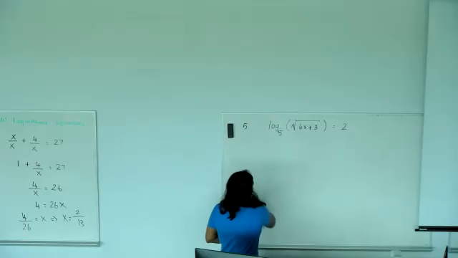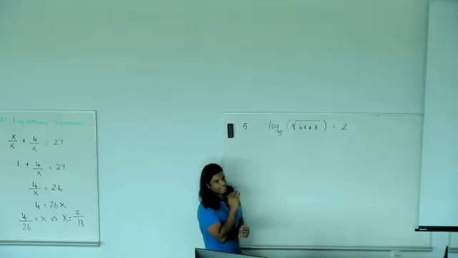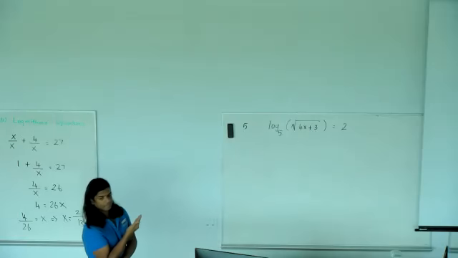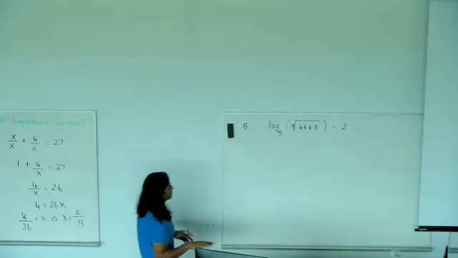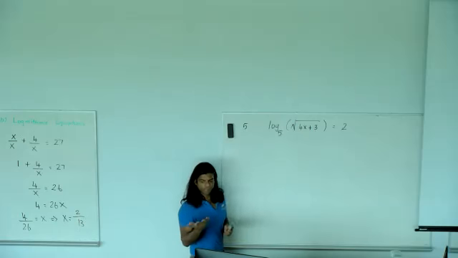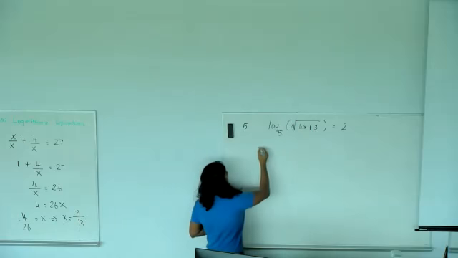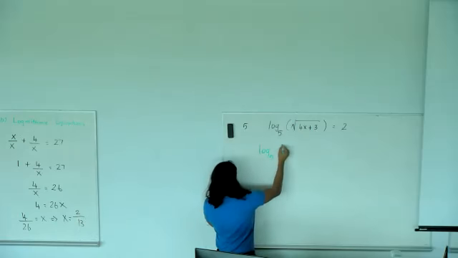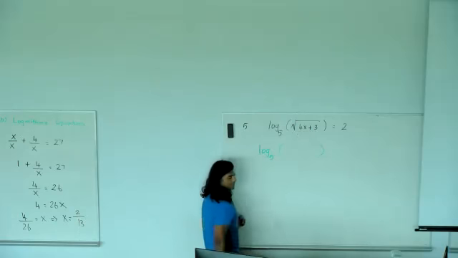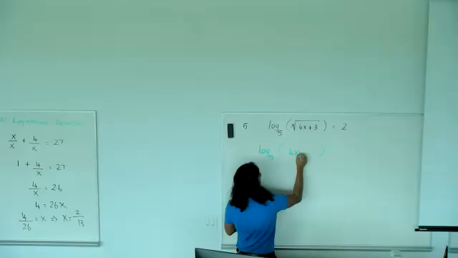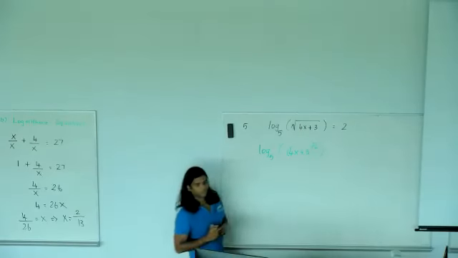So there is nothing wrong in exponentiating in the very first step, raising it to the power of what base? 5. Nothing wrong with it, but I'm going to show you a different approach so that we use the properties of logarithms. So log base 5 of the square root of 4x plus 3 is nothing but 4x plus 3 raised to the power of 1/2.